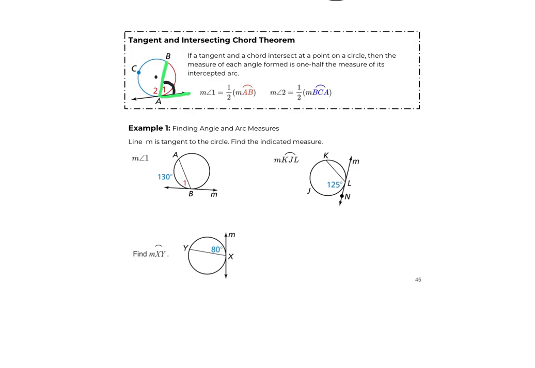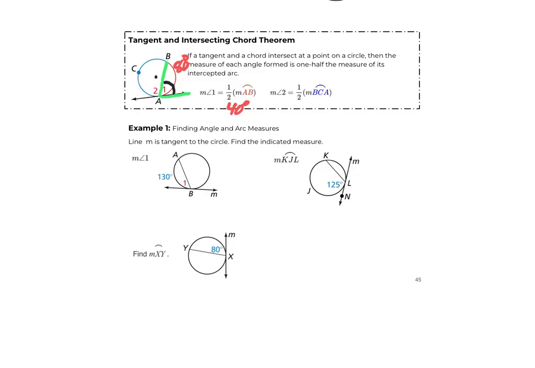Let me put in some numbers, I always think it's good to do that. Let's say that arc right there is 80 degrees. So what would be the measure of angle 1? 40, half of that arc. So angle 1 would be 40 degrees.